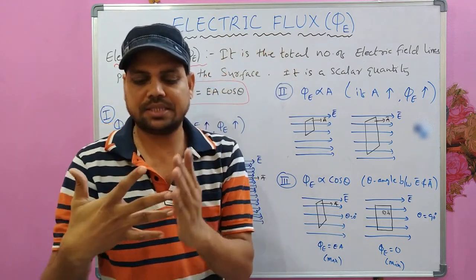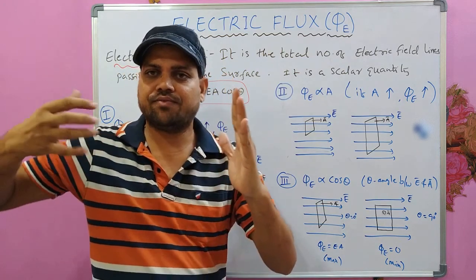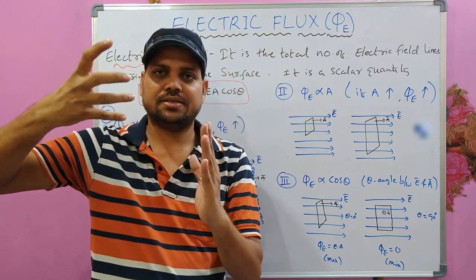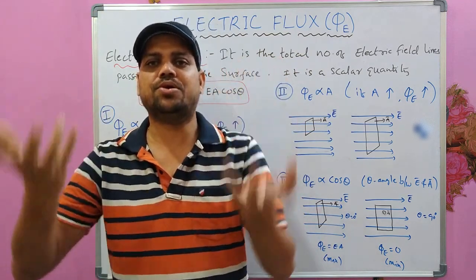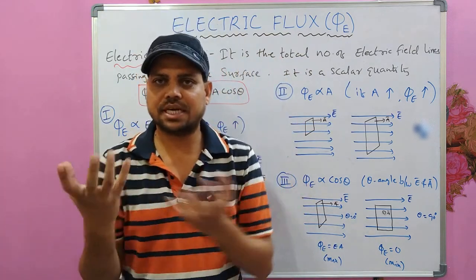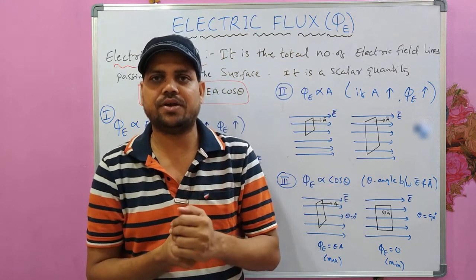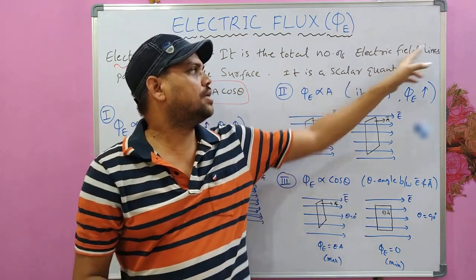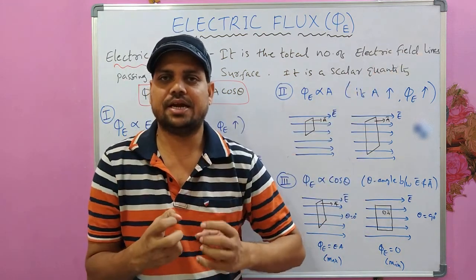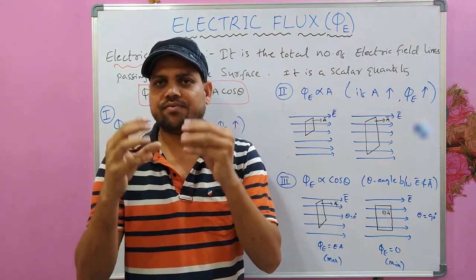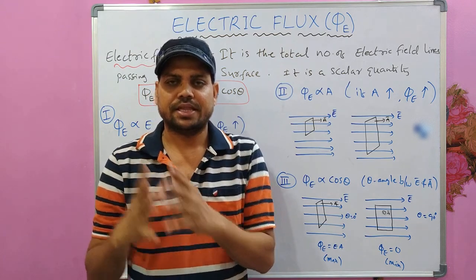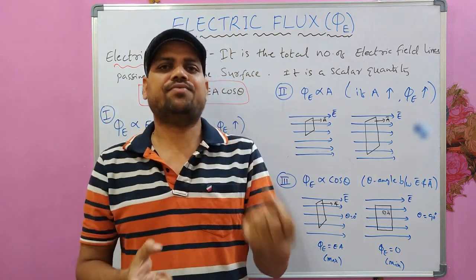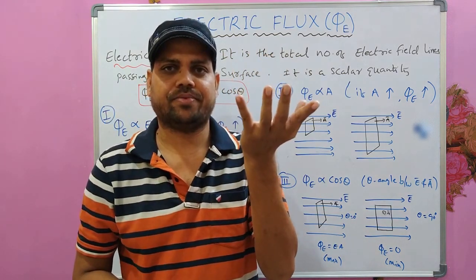Which means that if electric field strength is increased, see what? How do you confirm that electric field strength is more? As I have discussed in my previous video when I explained electric field lines, if electric field lines are very close to each other, then at that point the electric field strength is more.